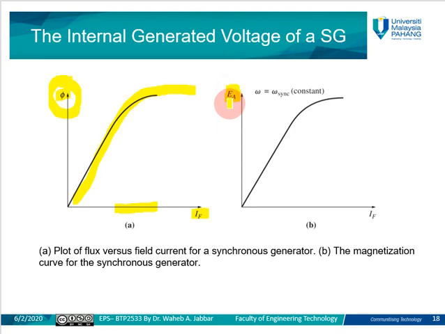This armature voltage is directly proportional to the field current. As I increase the excitation current of the synchronous machine, I will get an increment in the produced voltage until we reach the rated voltage of the generator. This will be at omega equal to omega synchronous. When we reach the synchronous speed, there is no more increment in the output voltage of our generator.